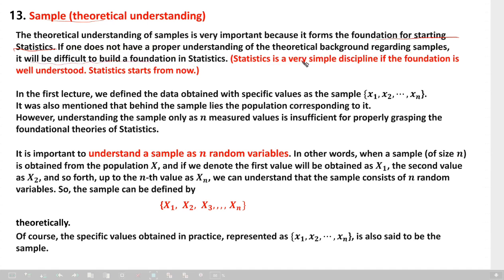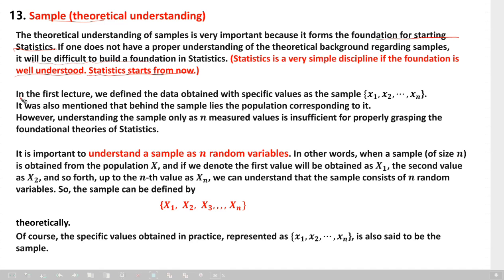Statistics is a very simple discipline if the foundation is well understood. Statistics starts from now. Many people say statistics is pretty hard to understand, even though they studied statistics, okay? But it is not true, of course. Statistics is easy and very simple, okay? If you understand this chapter, sample.